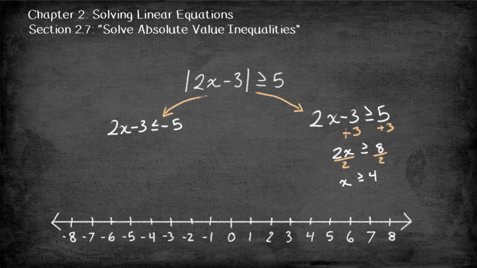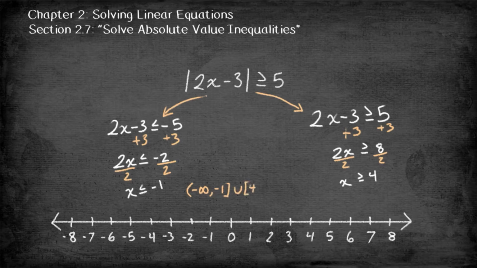So we get x is greater than or equal to 4 for one of our sets. Or x is less than or equal to negative 1. In interval notation, that would be, and we would draw them as shown.